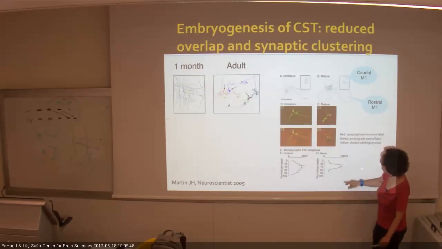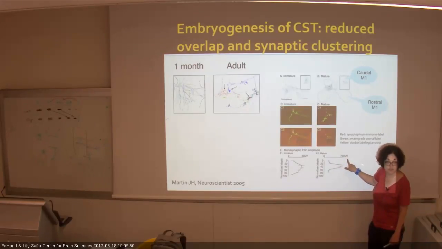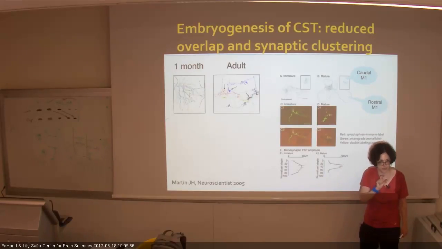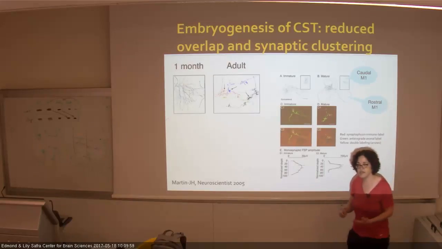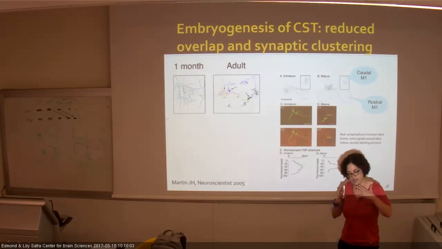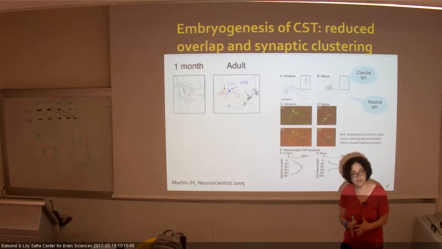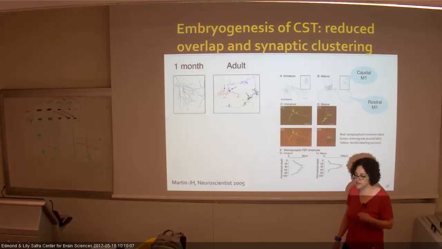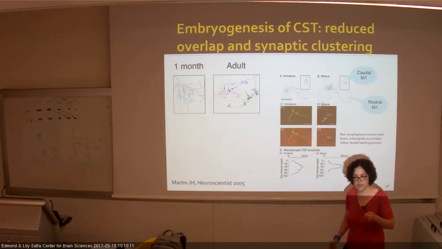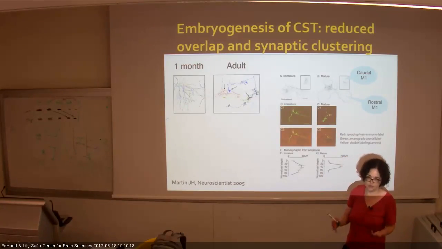In the mature cat, see the scales. The response is much stronger, right? It's more than 10 times stronger, but it's spatially localized, okay? So this process of elimination, refinement and strengthening is a process that the corticospinal tract goes through by exposure to motor experience.